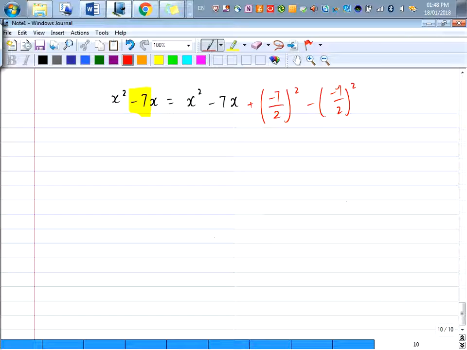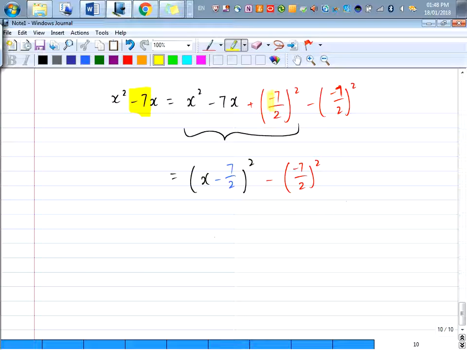What's the point of doing this? Because my first 3 terms give me a perfect square. And how much is that? This is x minus 7 over 2 squared minus negative 7 over 2 squared. Okay, let me highlight the key parts.